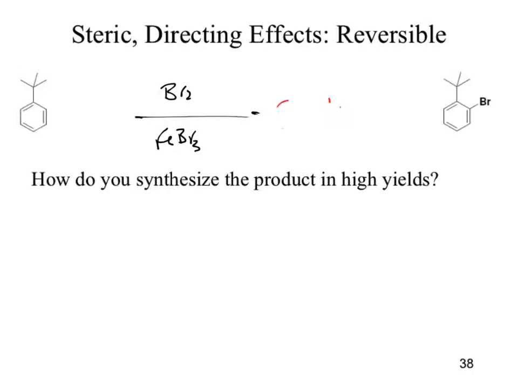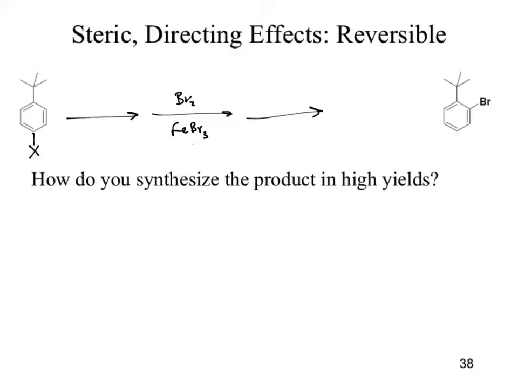Could you block the para position? We need to do something so that position is then nullified as far as its reactivity, so that it's no longer a hydrogen. Not only do we have to do that, but then we have to be able to run our bromine reaction. And then we have to undo whatever we did.